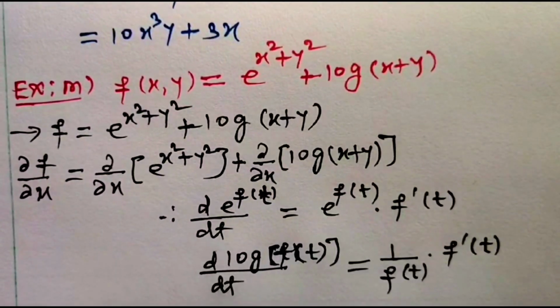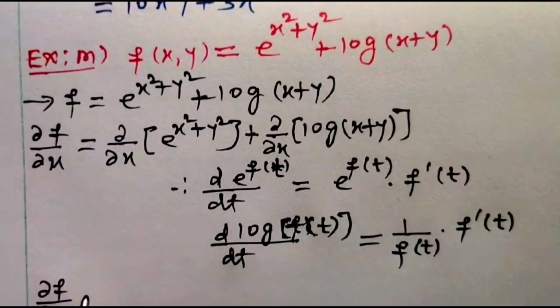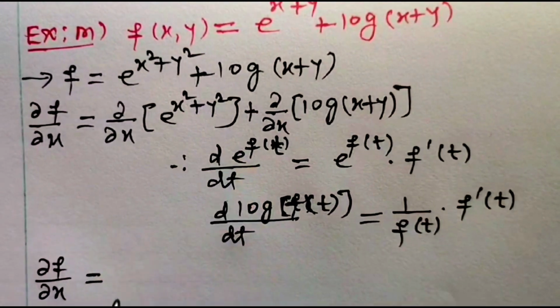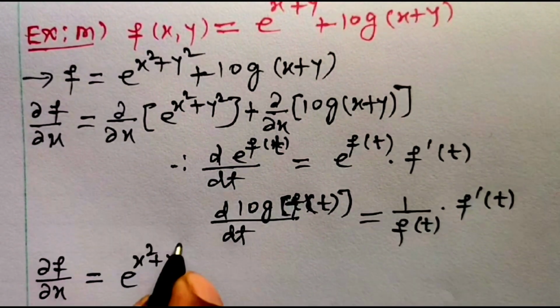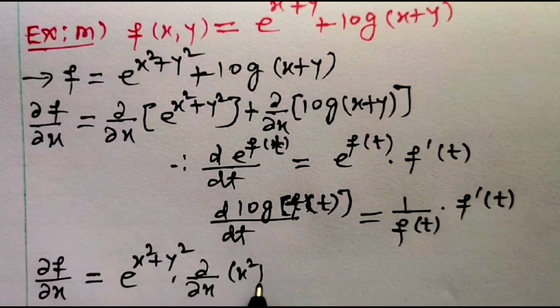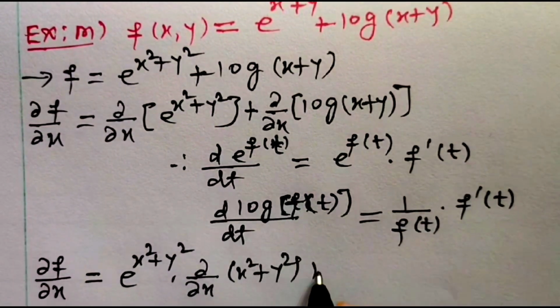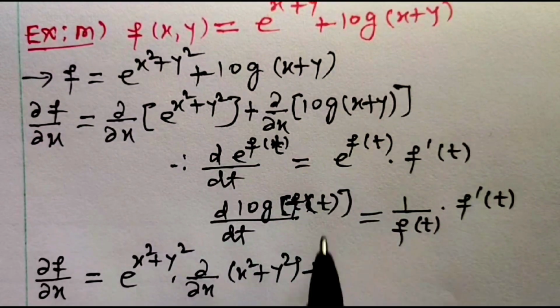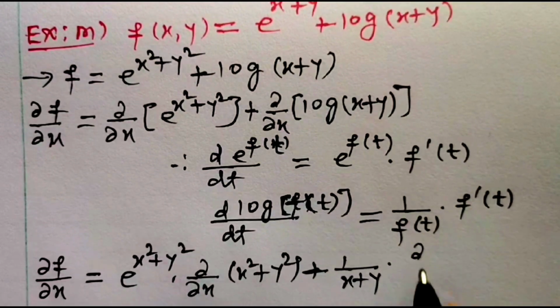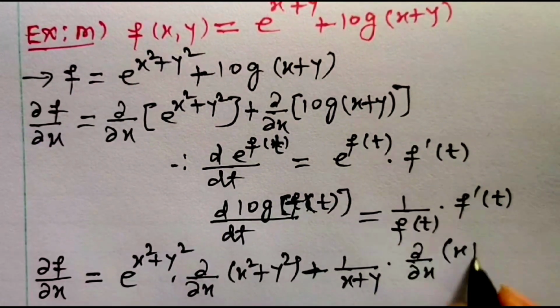Remember these two formulae and apply here. So partial derivative of f with respect to x is equal to, this is exponential function as it is, into partial derivative with respect to x of x square plus y square, plus, this is logarithmic function, you can apply this formula, 1 upon x plus y into partial derivative with respect to x of x plus y.